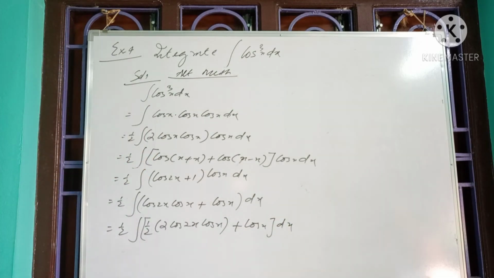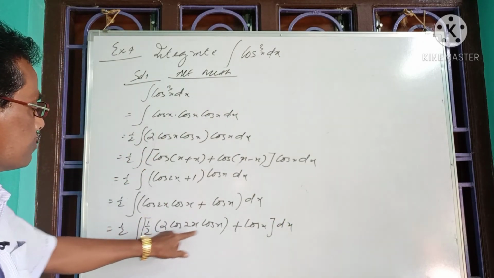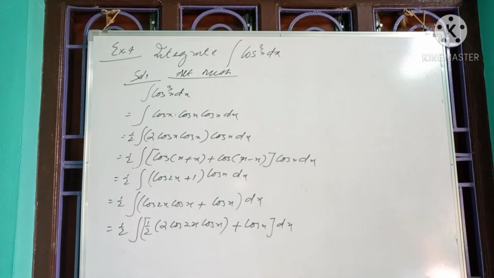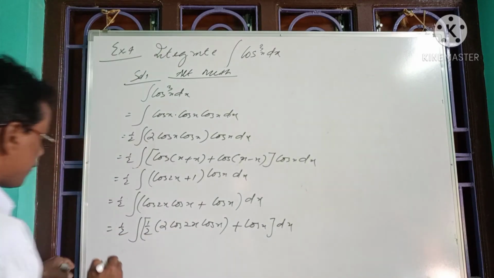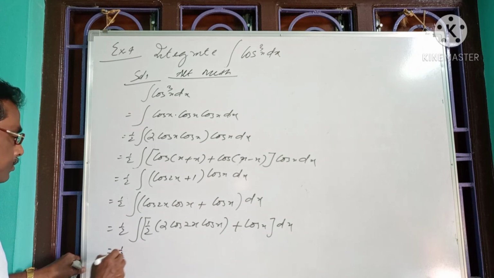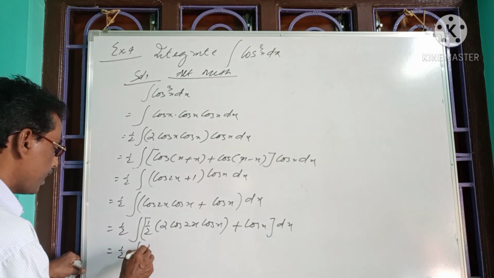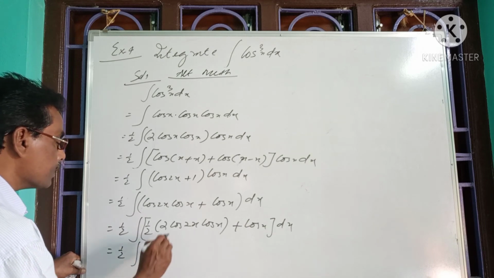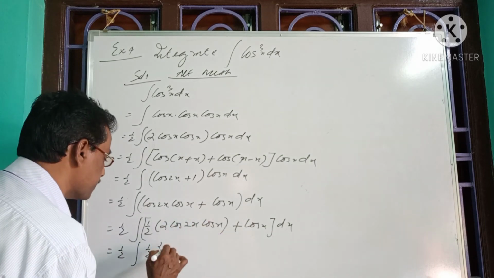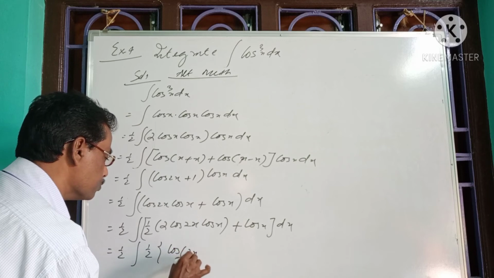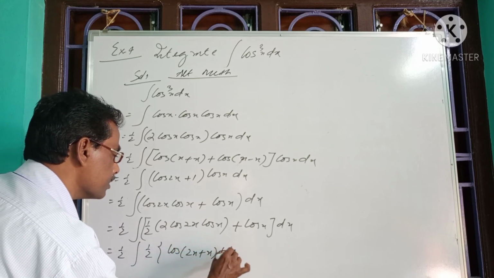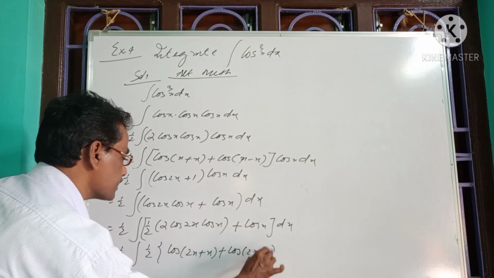Now see, again we transform into 2 cos A into cos B. So again applying the formula, we have half into integration of half into, it will give us cos of (a plus b) plus cos of (a minus b), that is cos of (2x plus x) plus cos of (2x minus x).